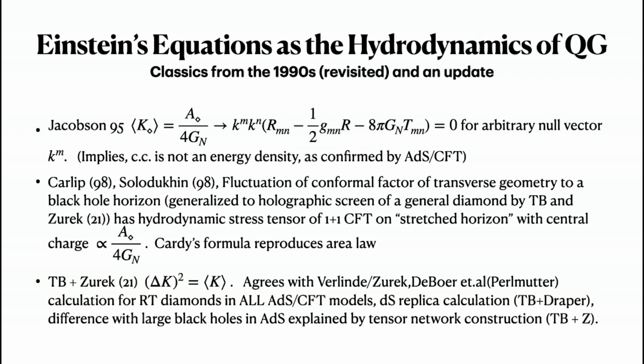What I think Ted really meant to say is that if I give you a solution of Einstein's general relativity, and I look at causal diamonds in that solution, and I make the assumption that every causal diamond is associated with a subsystem of some quantum gravity system whose modular Hamiltonian has an expectation value that's given by the area of the holographic screen divided by 4 times Newton's constant.